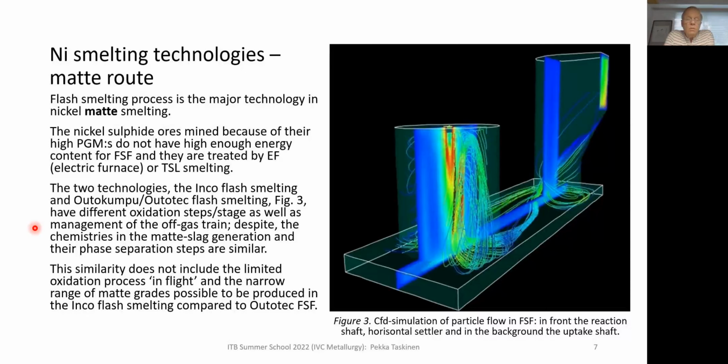So these nickel flash melting furnaces are similar and probably identical to copper flash melting furnaces, and they have a reaction shaft, settler, and uptake for the off gas.